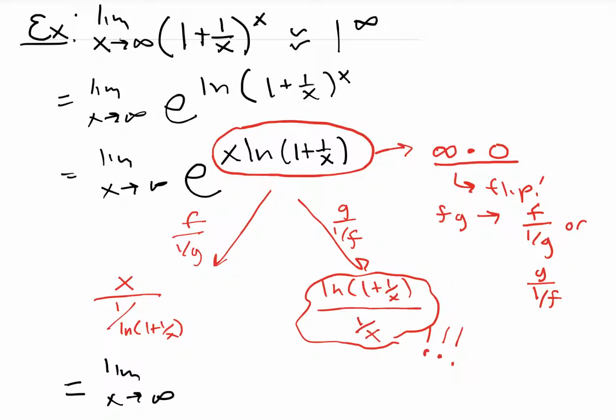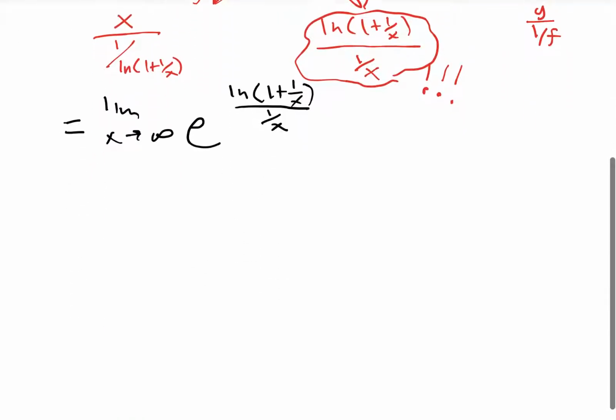I am now rewriting this as e raised to this bit in the red here: natural log of 1 plus 1 over x, divided by 1 over x. I will scroll down to give myself a little bit more room.